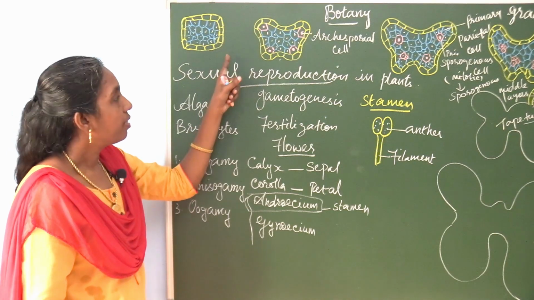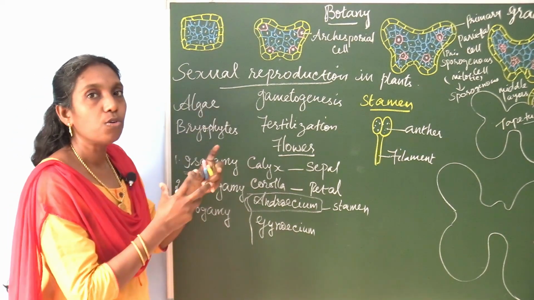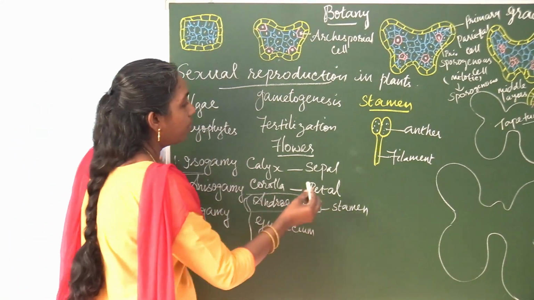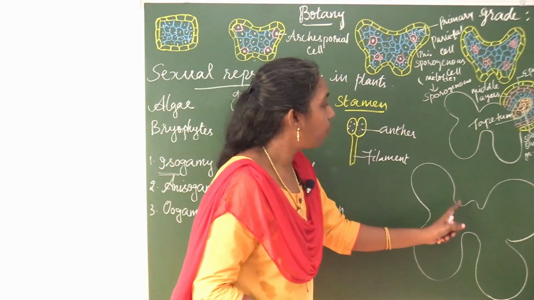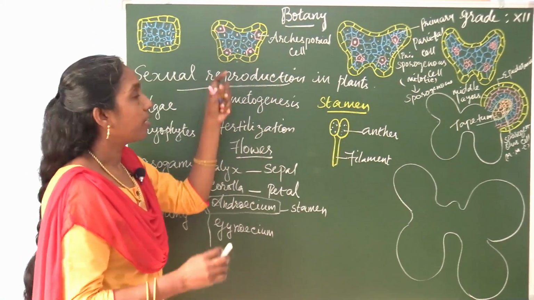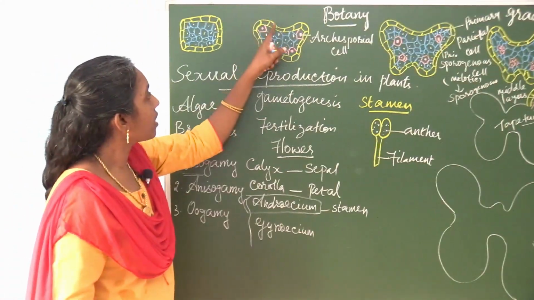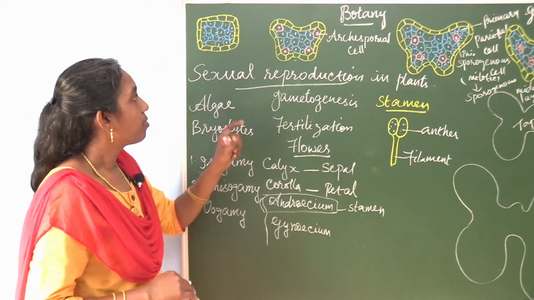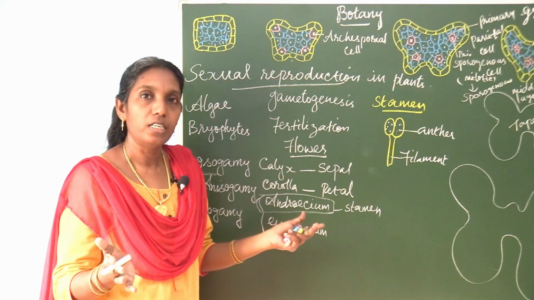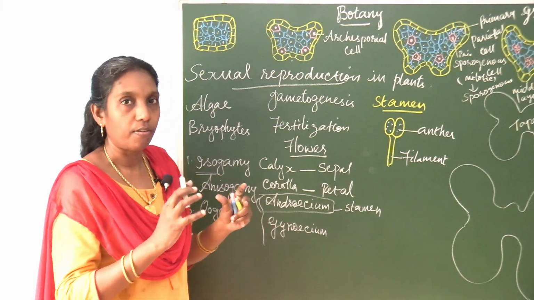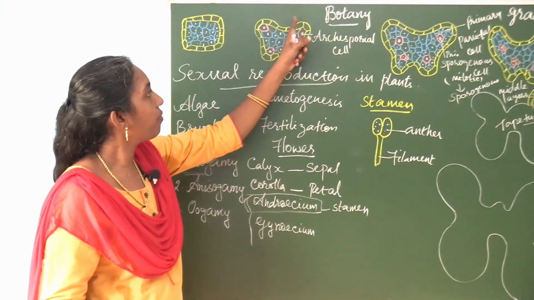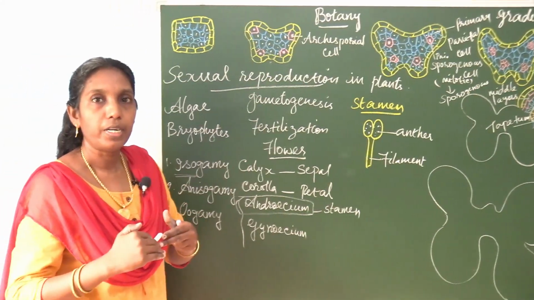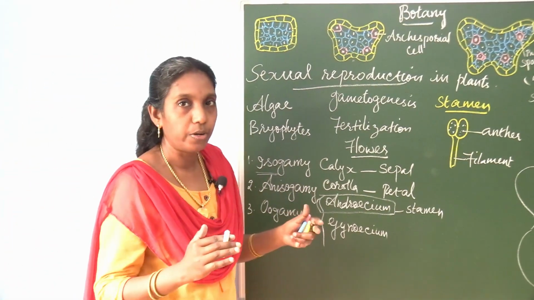In the initial stage, the anther assumes a four-lobed structure. Inner to the epidermis, the outermost layer of every part, there are some layers of hypodermis.